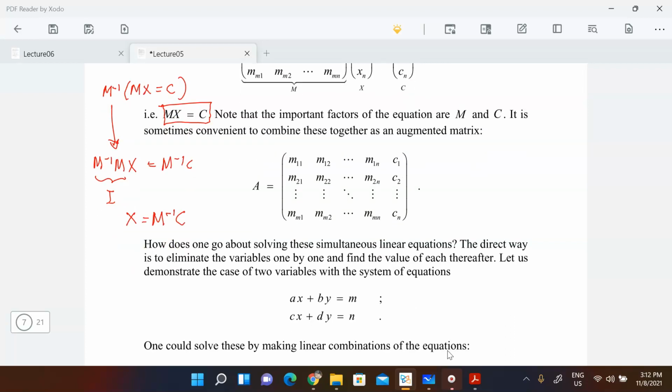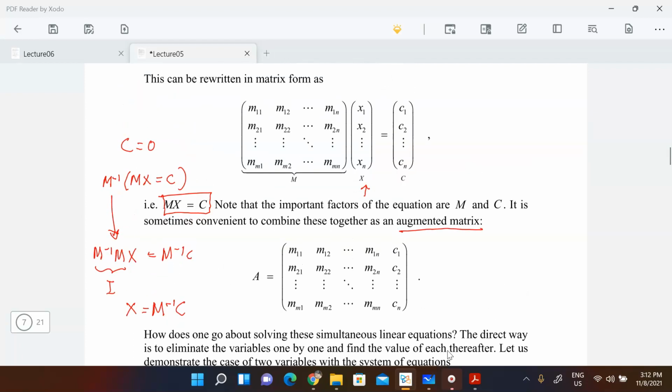Okay, another way that people treat what you call a set of linear equations, solving a set of linear equations, is to use what they call an augmented matrix. So what it does over here is to say that I don't care too much about this X, but I just need to know what are the properties of this M over here, the matrix that multiplies the X, and what are the properties of this C over here.